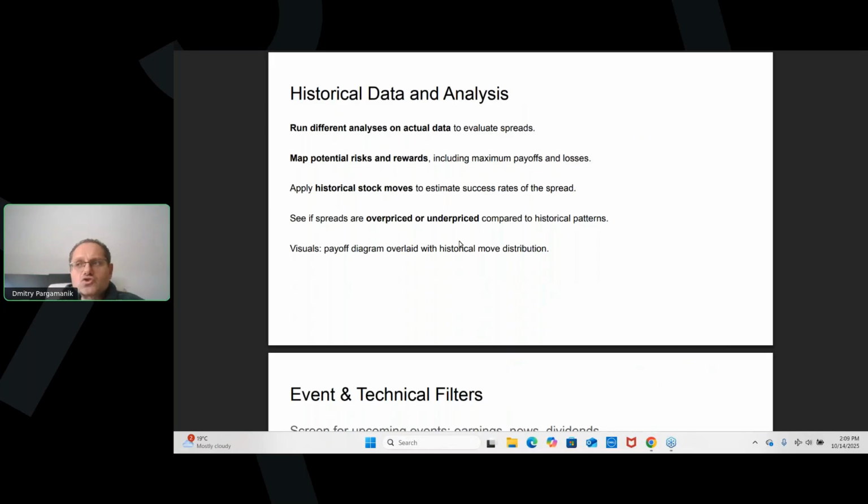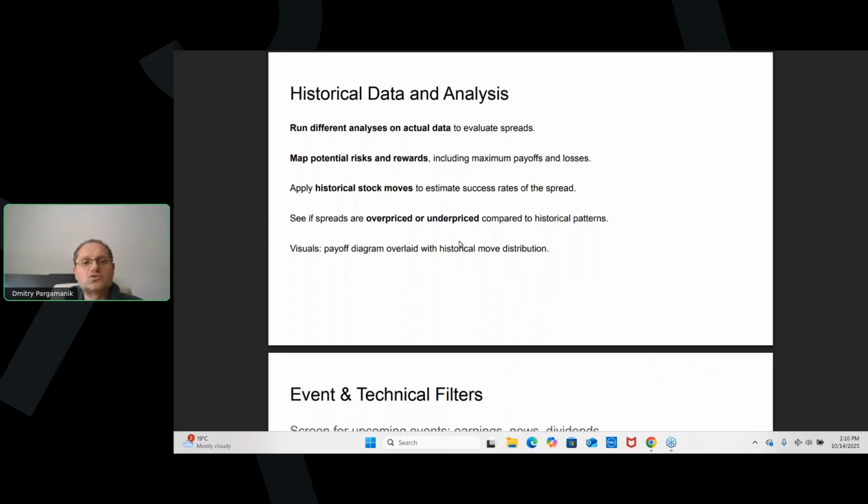Historical data can also be valuable in our overall analysis, because it allows us to take the specific underlying and run an analysis on actual data to create estimates or evaluate the current spreads.